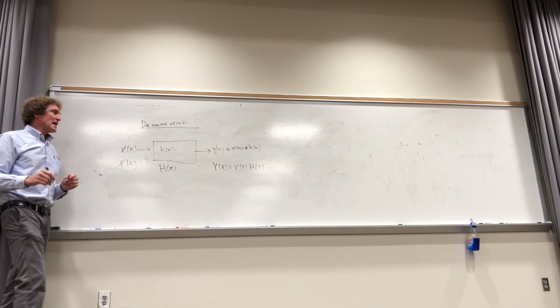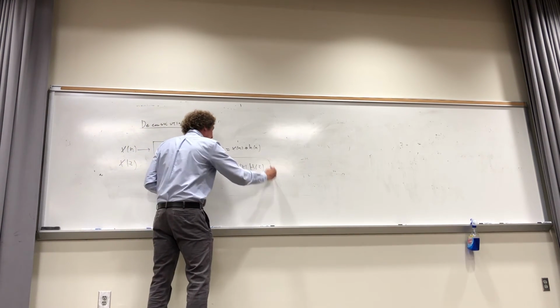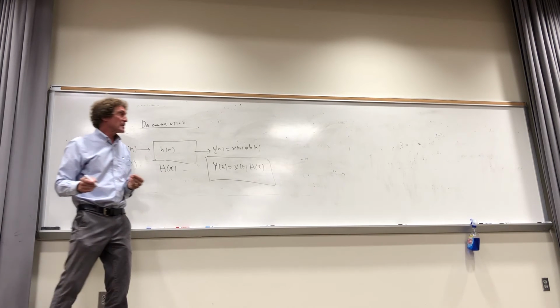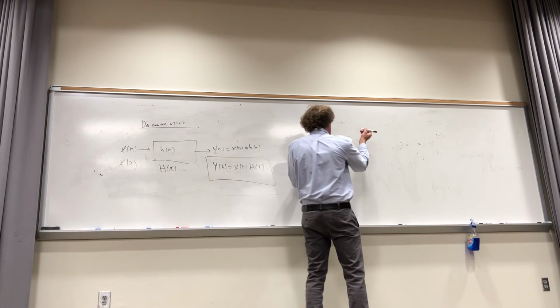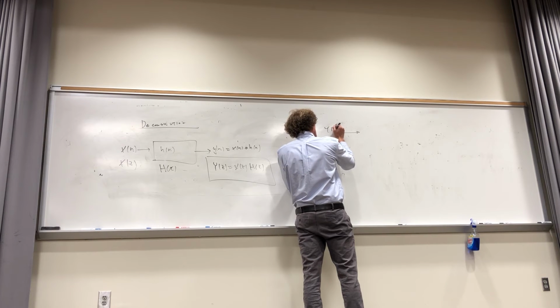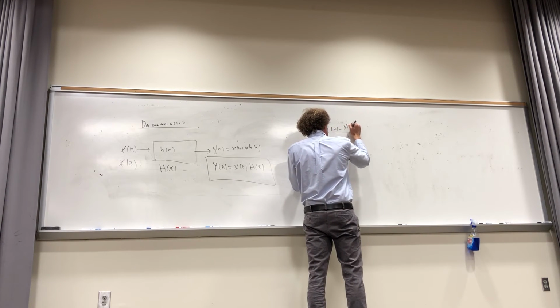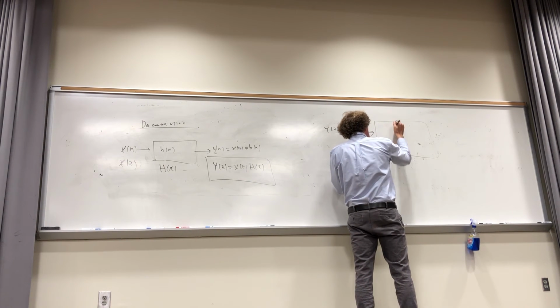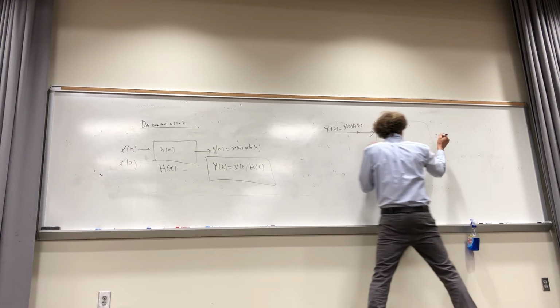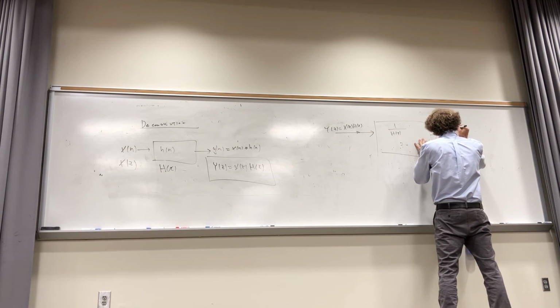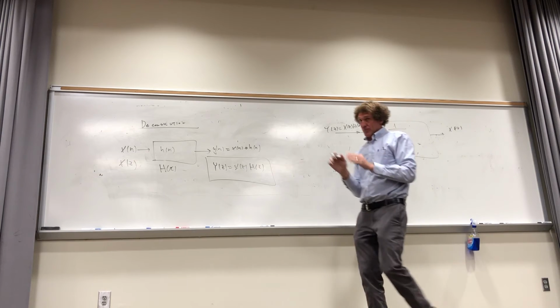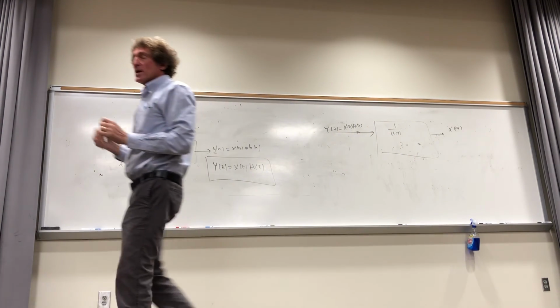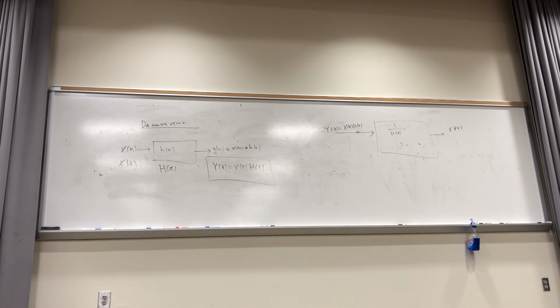If my goal is to get x of z, then to deconvolve, I take my y of z, which is x of z times h of z, and put it into a filter that has the response 1 over h of z. Then my output would just be x of z. That should make perfect sense, right? Now 1 over h of z can be rendered in terms of a difference equation. Do you all agree with that? So can h of z.